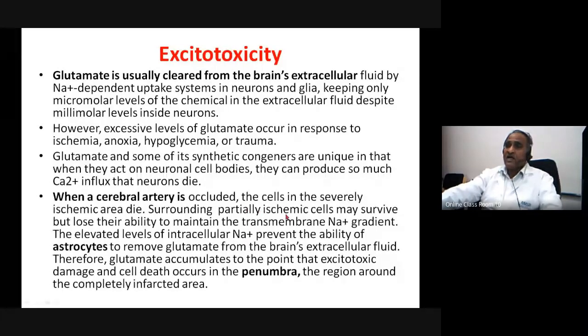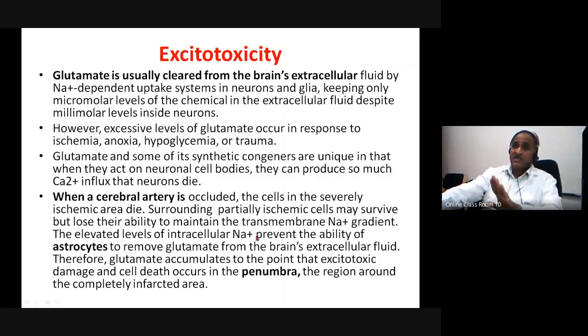The surrounding area is also partially ischemic, and that may survive. But what happens? They lose their ability to maintain the sodium gradient, especially the functions. So the polarized state of the membrane is lost. That means the resting membrane potential is not maintained.